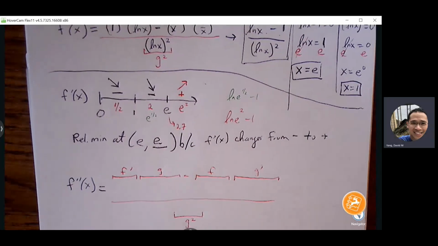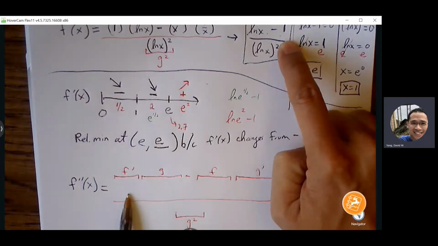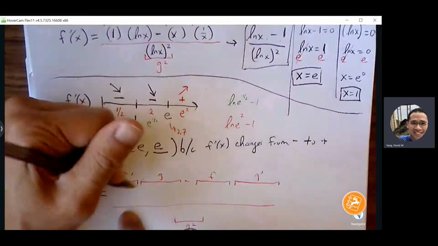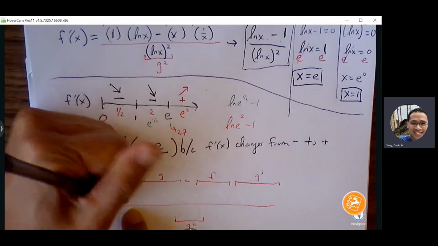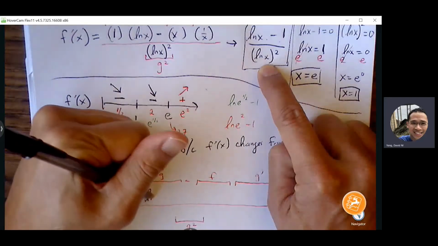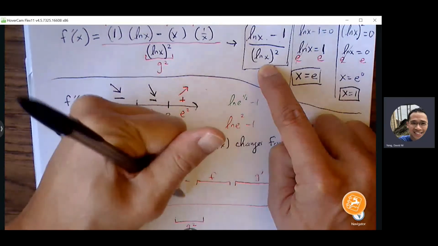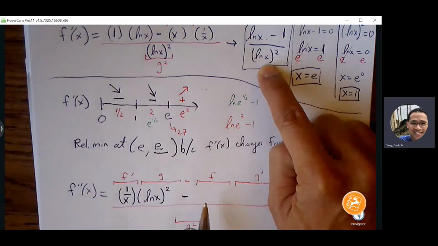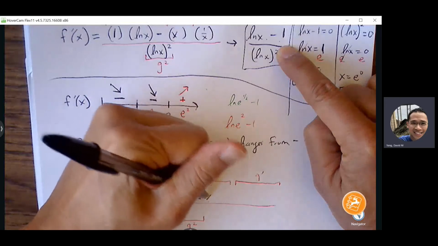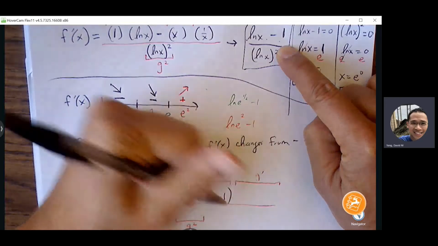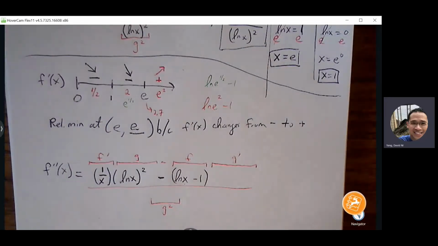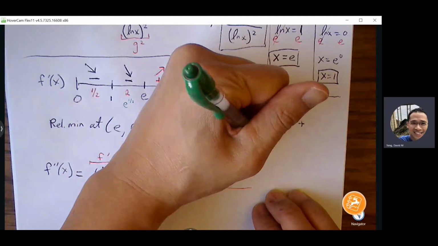Okay, let's see if we can fill this in here. F prime, what's F prime going to be? Just 1 over x times the g function, no changes. Back to f. And then g prime, natural log of x squared, chain rule.